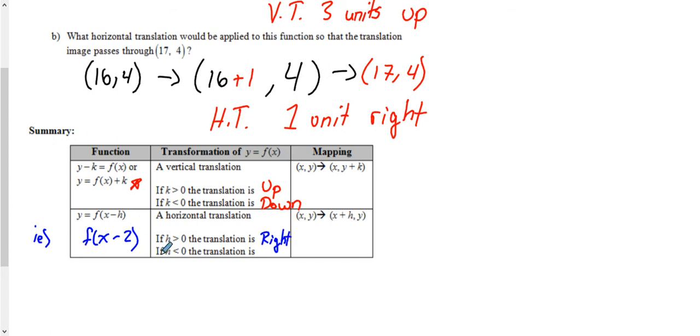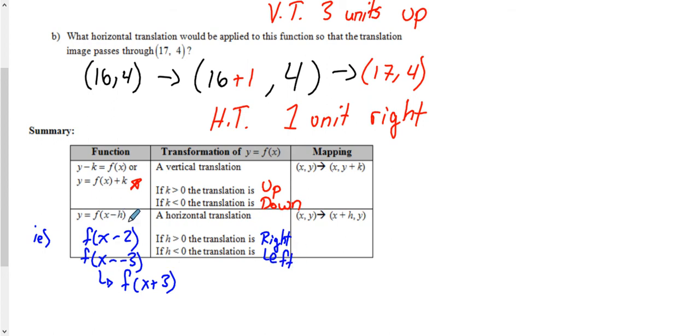And in this one here, if h is less than 0, so that means if you had f of x minus, and pick a number for h less than 0, so let's pick, I don't know, -3, because that is definitely less than 0. Again, two negatives here we know will clean up. So that's f of x plus 3. Okay, so if it's plus 3 here, that means the translation is we moved it to the left.